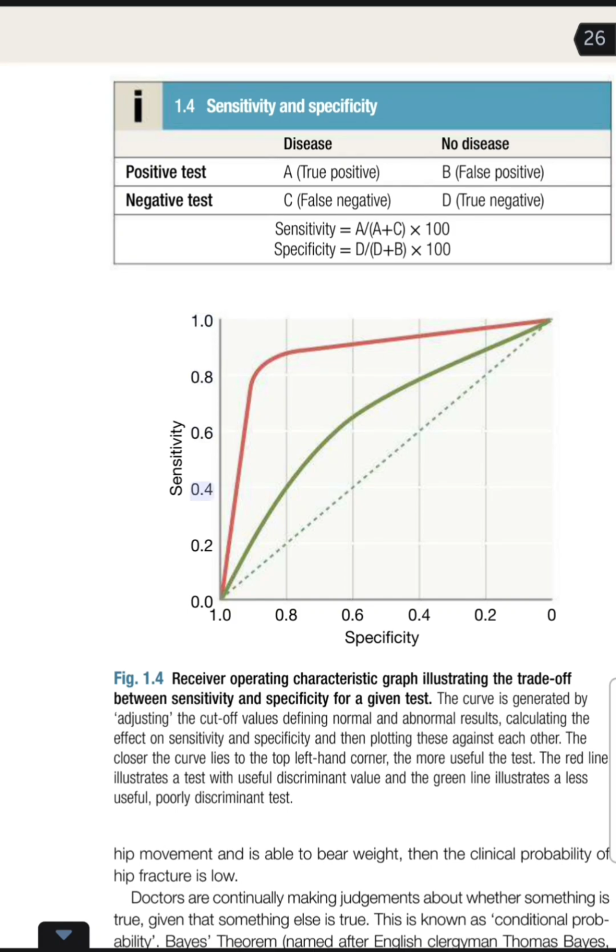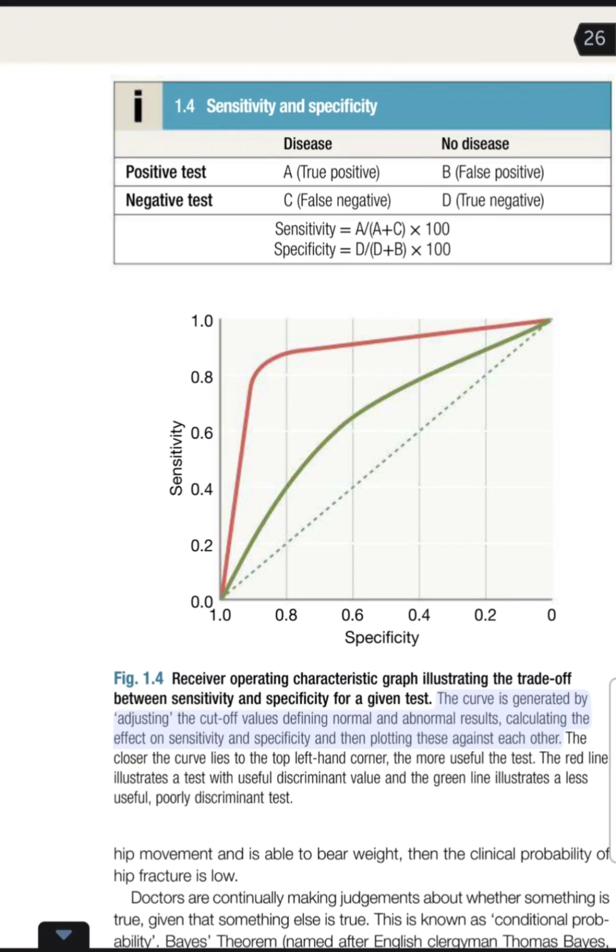Specificity and sensitivity axes from 0 to 1.0. Fig. 1.4 Receiver operating characteristic graph illustrating the trade-off between sensitivity and specificity for a given test.